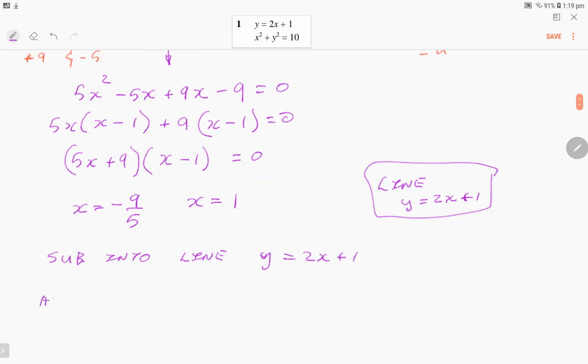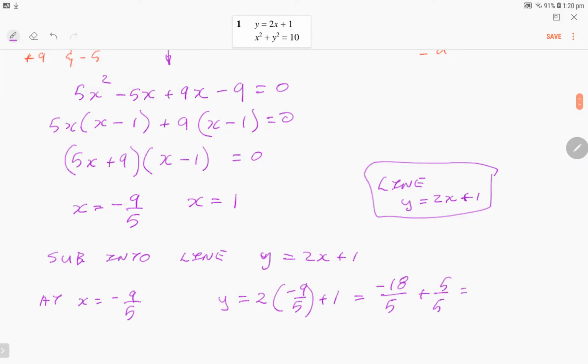Firstly, at x equals minus 9 over 5, the y value is equal to 2 times minus 9 over 5 plus 1. This becomes minus 18 over 5 plus the 1, which is the same as 5 over 5.